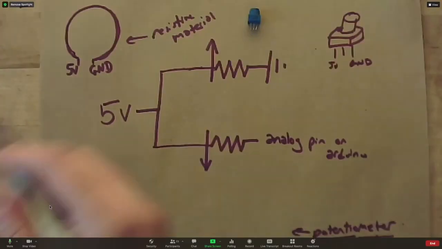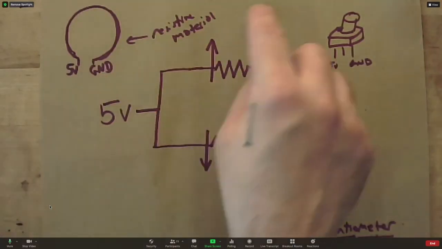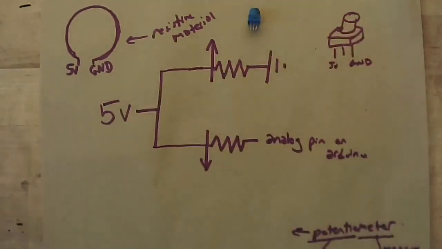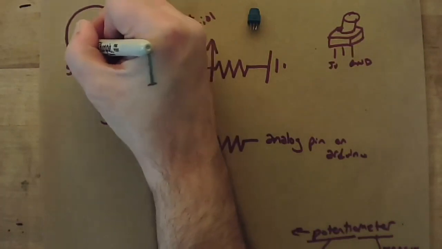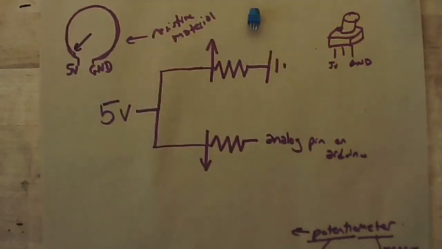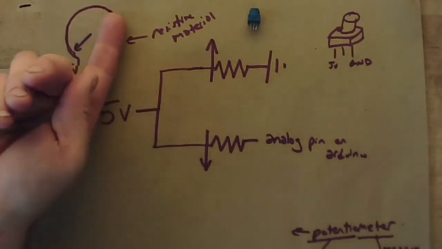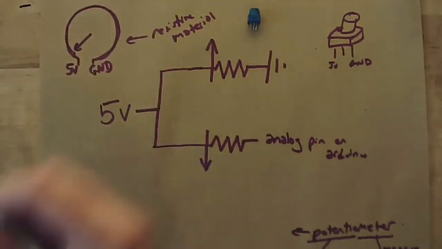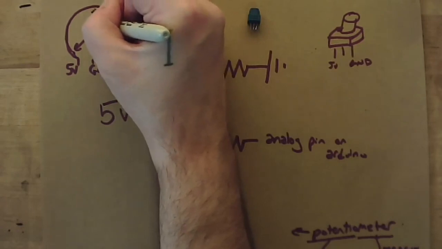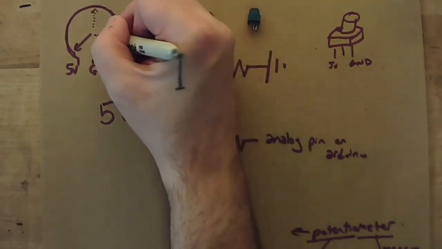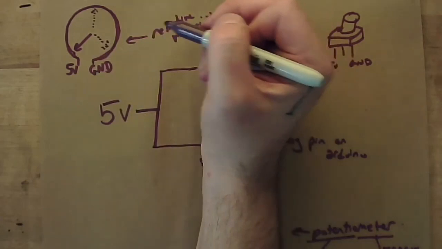So inside of that potentiometer, we have this resistive material, and then the knob, as we turn it, is actually connected to a little wire that turns inside of there. And it can make a connection here, or here, or wherever in there.